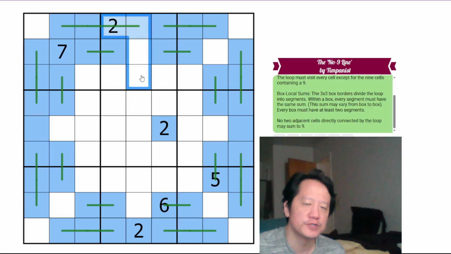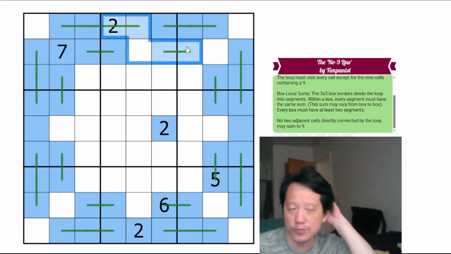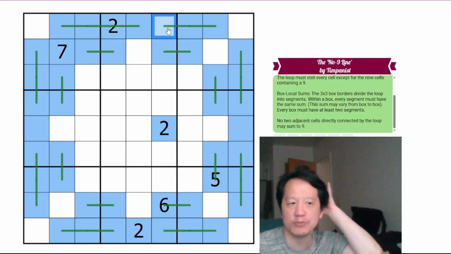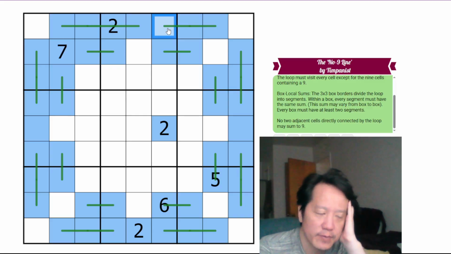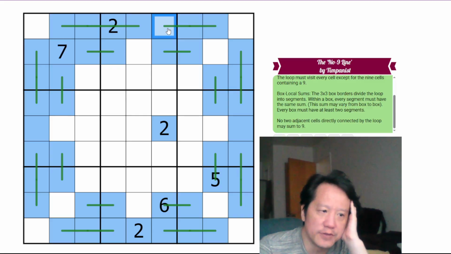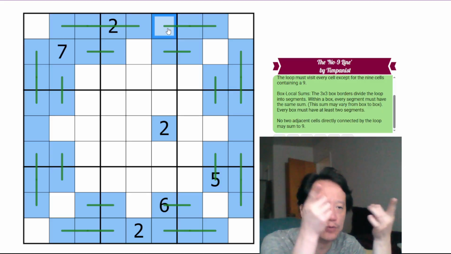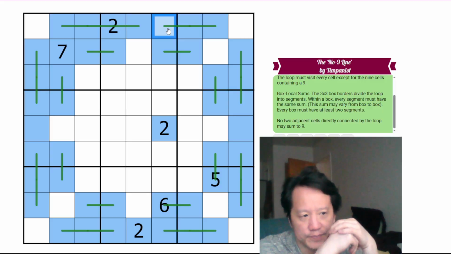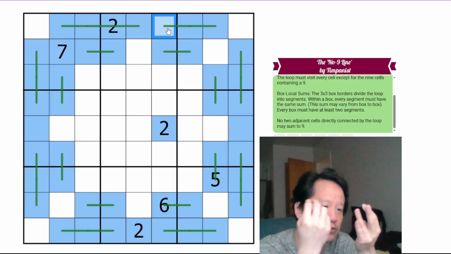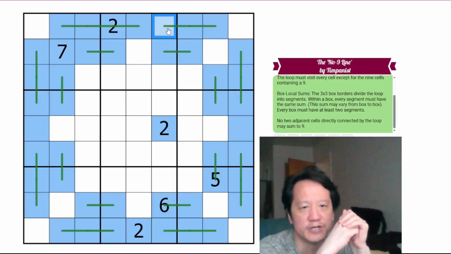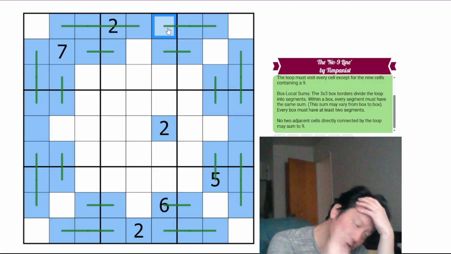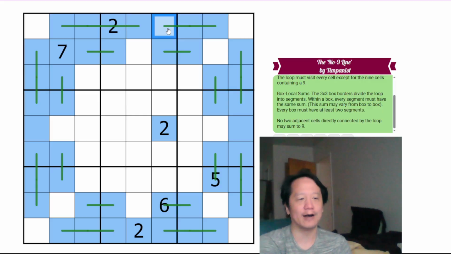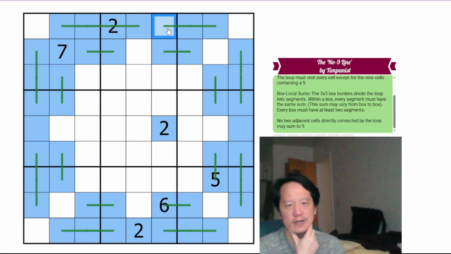You could go 4 this way. You cannot go 4 that way. Then that would not be able to be part of the loop, because every cell on the loop shares an edge with 2 other cells on the loop, right? Actually, it could be more than two edges, but it has to share an edge. Well, it has to go in one way and out the other way, essentially. So I guess it's not sharing an edge.